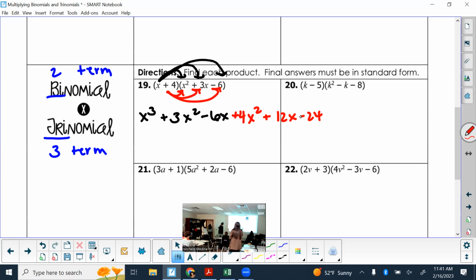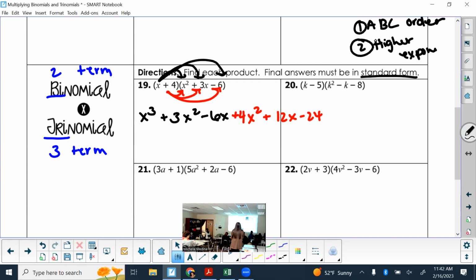But we have to make sure that our final answers are simplified and in standard form. My suggestion is to start with, if you remember standard form, that's A, B, C order. And if we have multiple of the same letter, then it's higher exponent first. So in this one, all we have are x's.